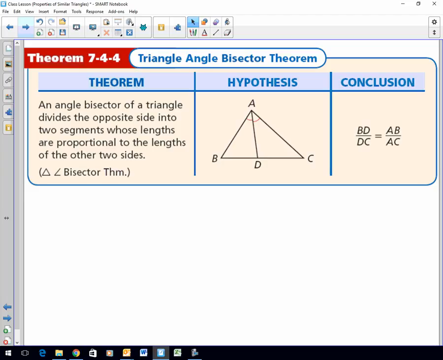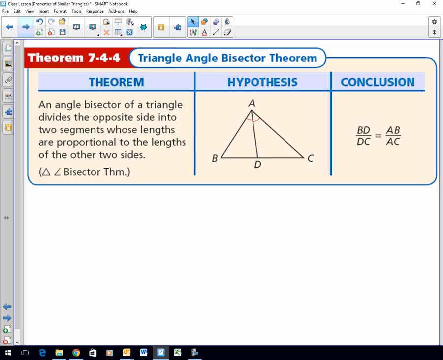Guys, the angle bisector splits the angle into two. What kind of angles? Congruent angles. Just a quick review of bisectors, because clearly we need to hear it.